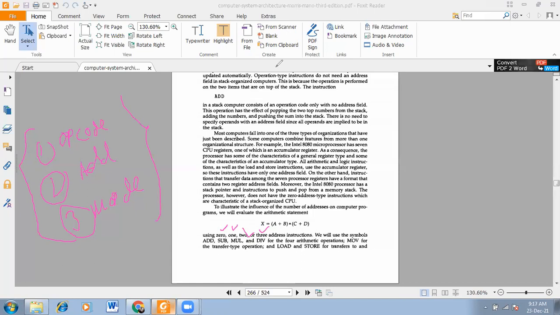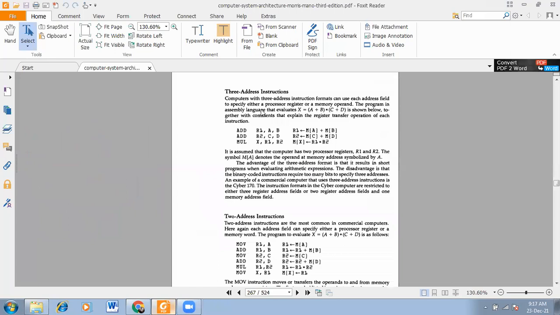So let us take one example. The first one is three address instructions. Look, add R1, A, B. What does it mean?